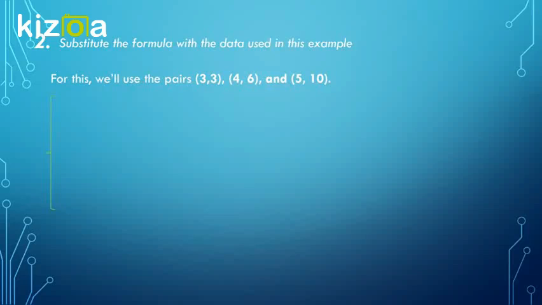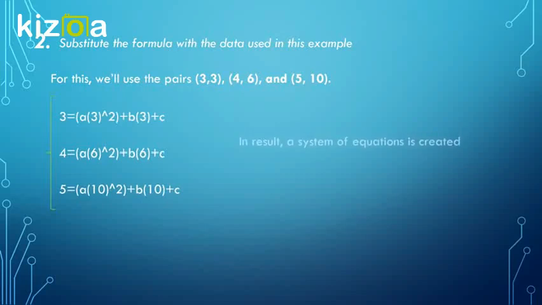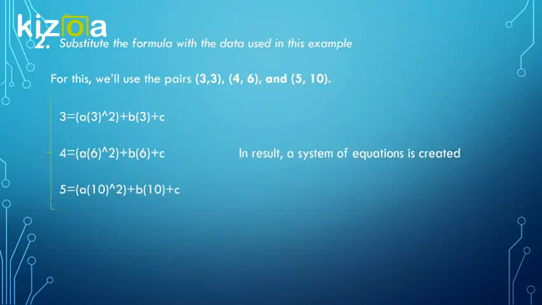If you substitute 3 for R and 3 for X, and so on and so forth, we get a system of equations as a result. Here the y value has replaced R, and the x value has replaced X, and so forth.